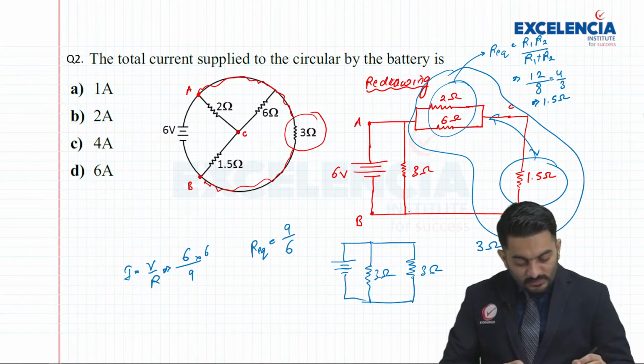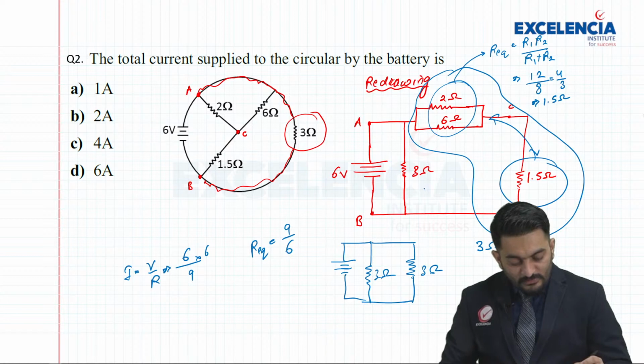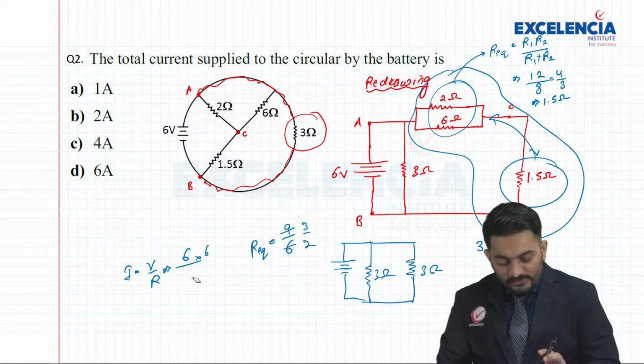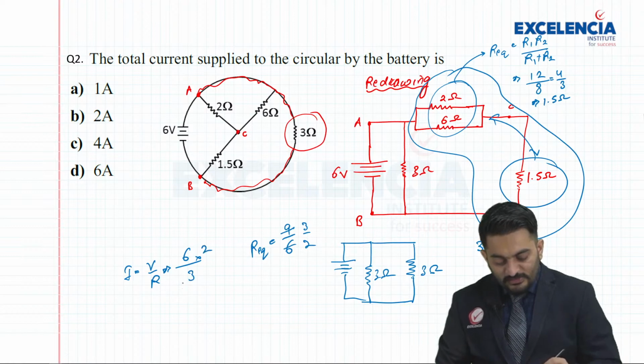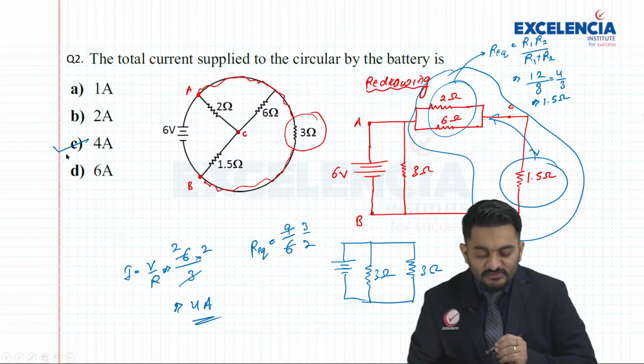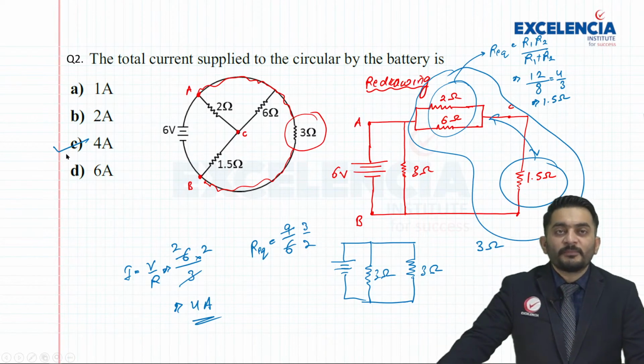Now 3 and 3 will simplify it. It is 3 by 2. So even if I write this as 3 by 2, you can see over here that 2 and 2 will be 4 amp. So your correct answer for this question is going to be 4 amp.